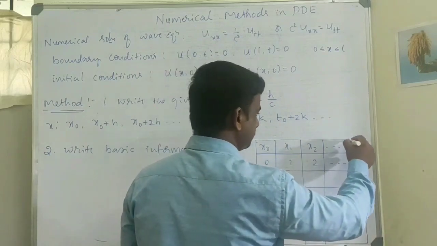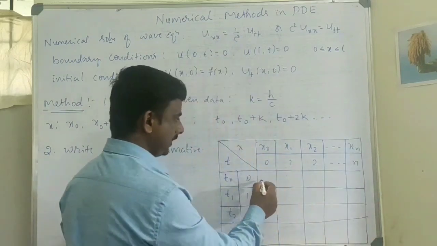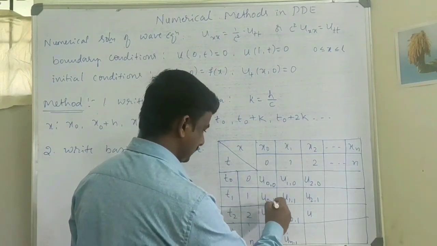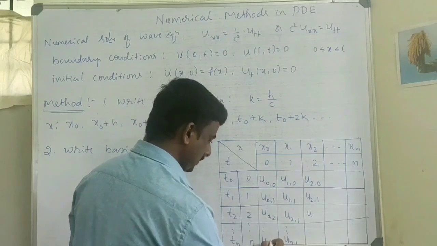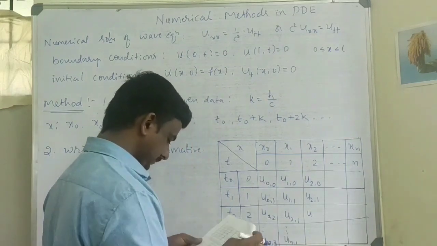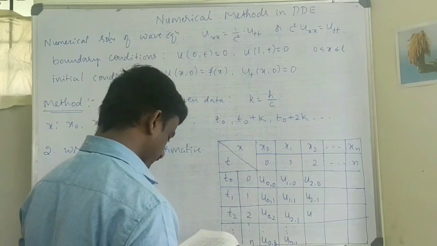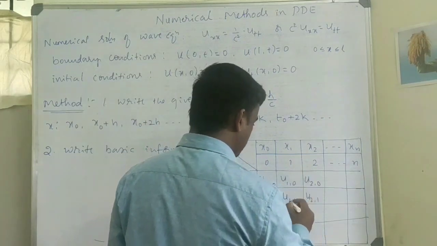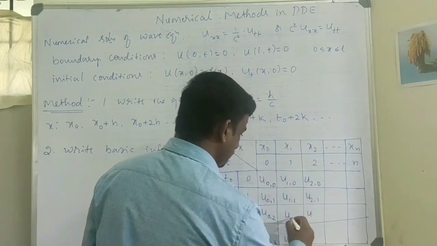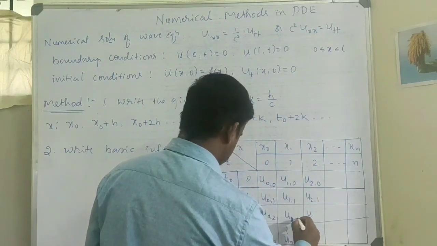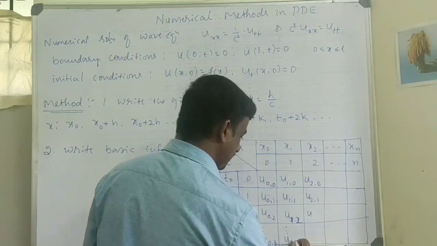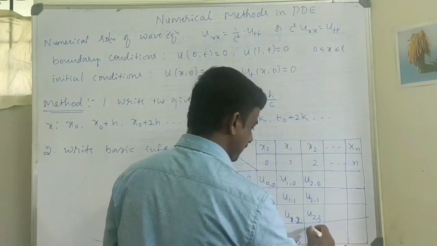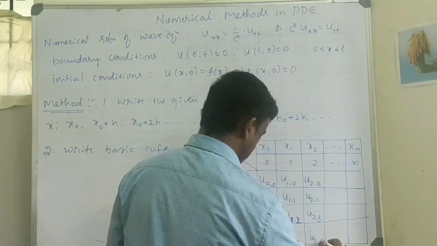And so on. This point u0,0, that is correct. Next u0,1, u0,2, u0,3. Next u1,0, u1,1, u1,2, u1,n. Next u2,0, u2,1, u2,3, and so on u2,n.